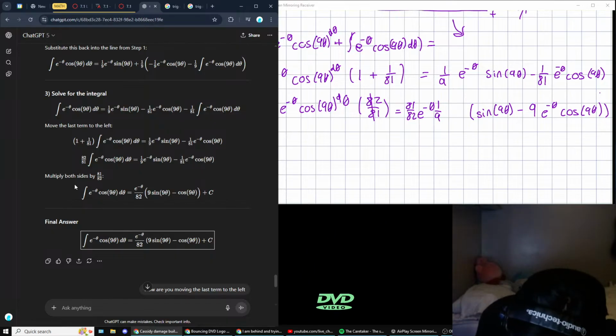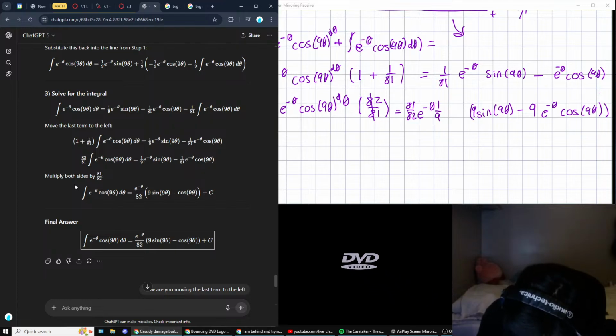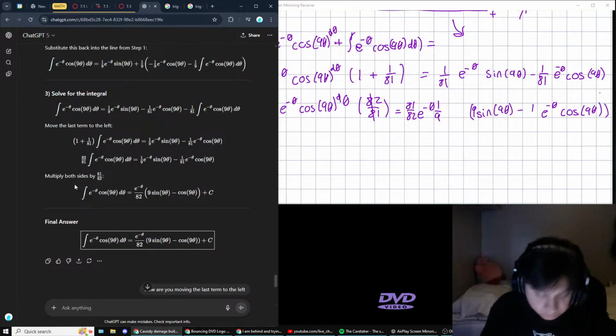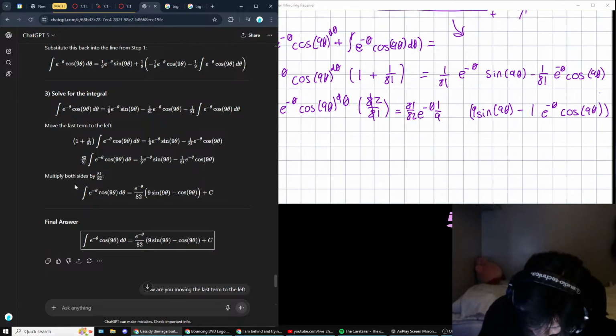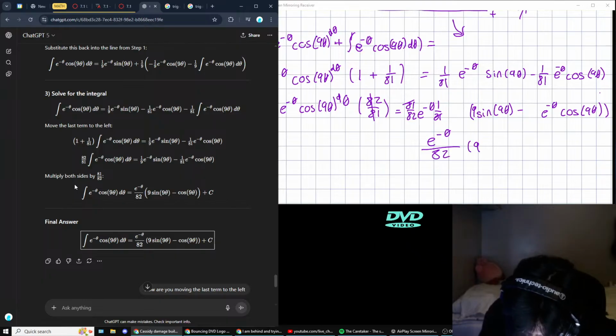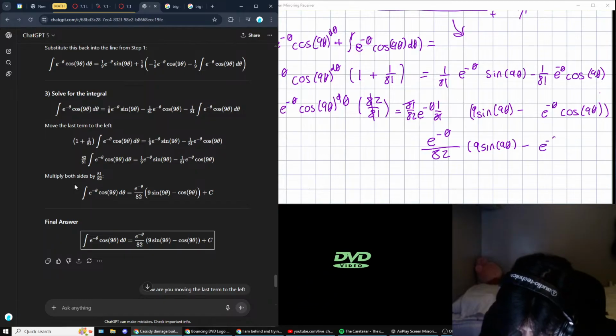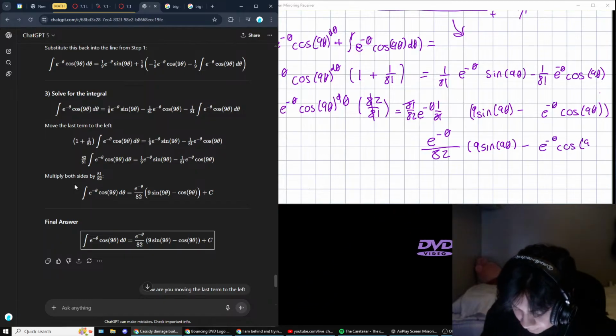Take 1 over 81 out. That gives me 9 cosine. That gives this. And then that gives this 81. So then this crosses this out. It gives me e. There we go. e negative theta over 82 times 9 sine 9 theta minus e negative theta cosine 9 theta.